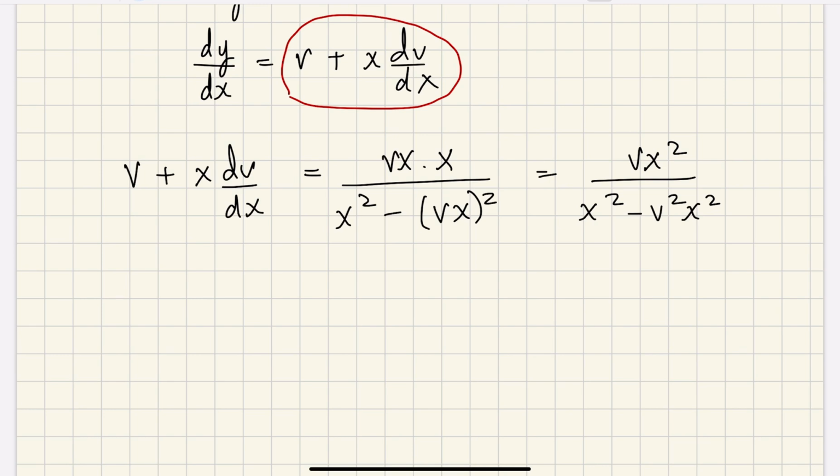Now I can cross out all of these. Then I have left v plus x dv over dx is equal to v over 1 minus v squared.